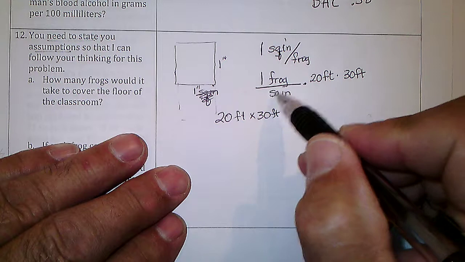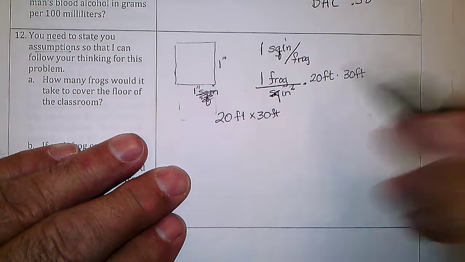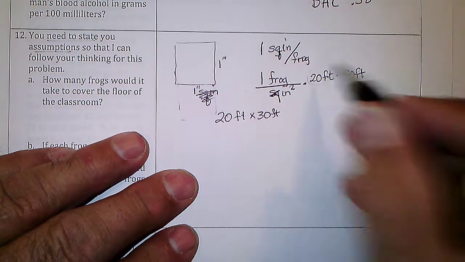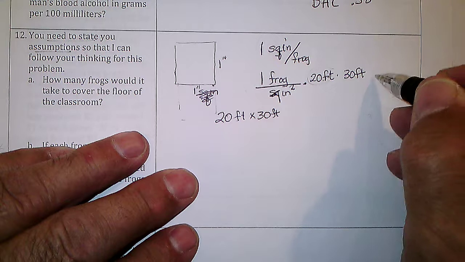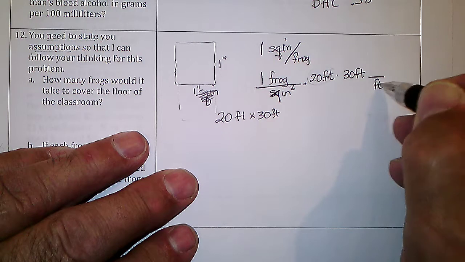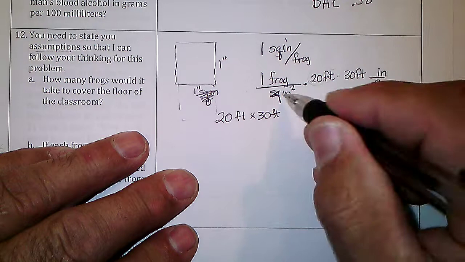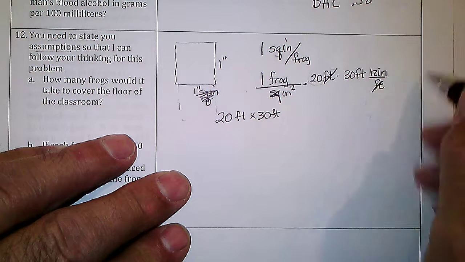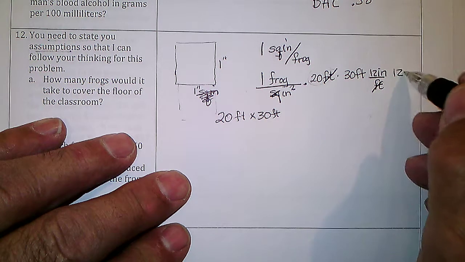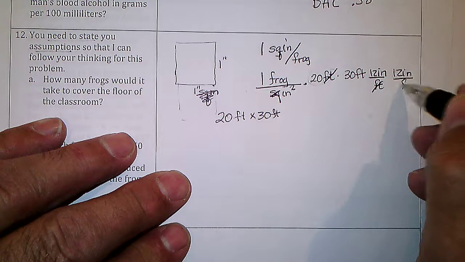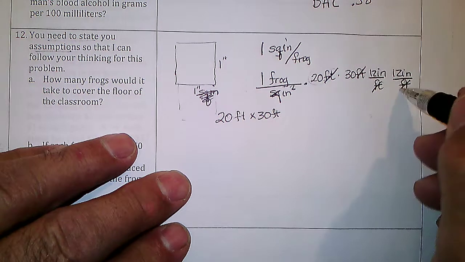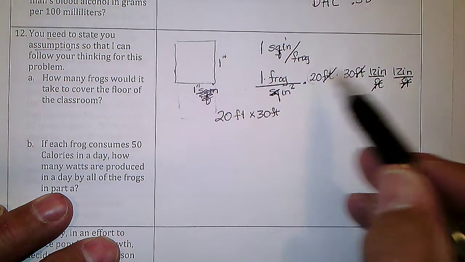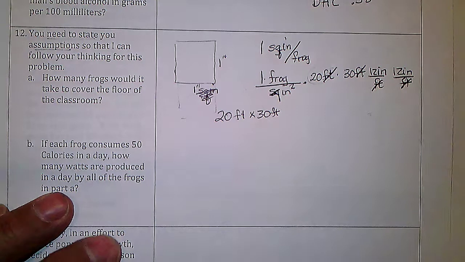So I got to take each of these inches that are squared here and convert them. So I'm going to convert these feet to inches. I want the feet to go, and I want inches, so that it'll cancel the inches. And there's 12 inches in one of these feet. And then I got to do 12 inches is 1 foot in the other feet. So the number of frogs is going to be 1 times 20 times 30 times 12 times 12.